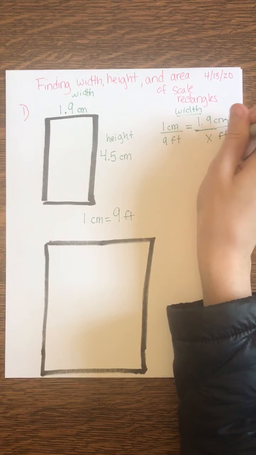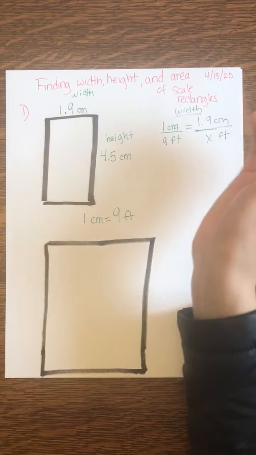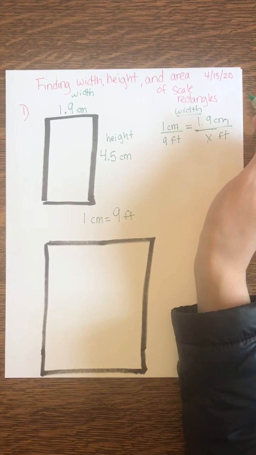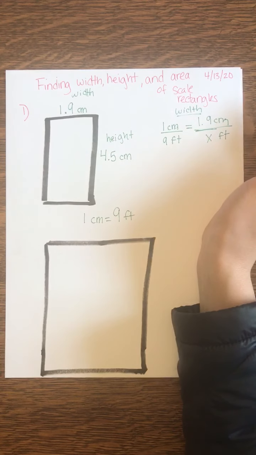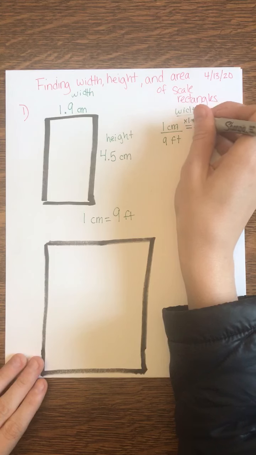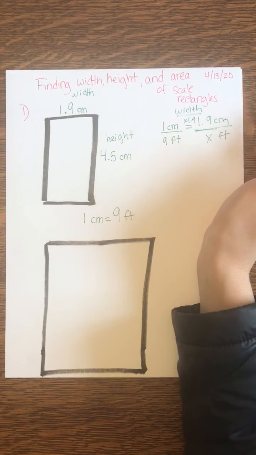And I just need to solve for what x feet is, so what the width is in feet. Well, to go from 1 centimeter to 1.9 centimeters, I'm multiplying by something. 1 times what equals 1.9 centimeters? Well, 1 times 1.9 is 1.9 centimeters.